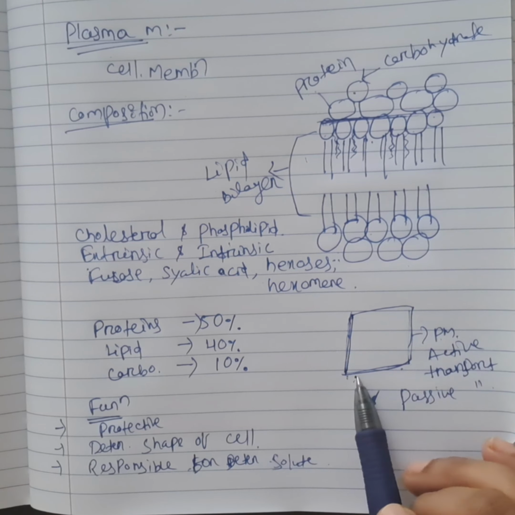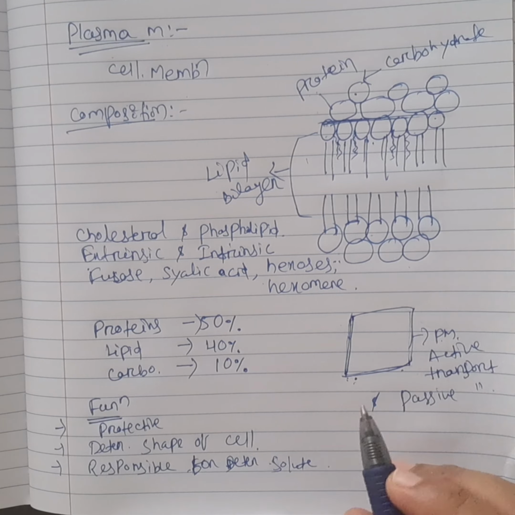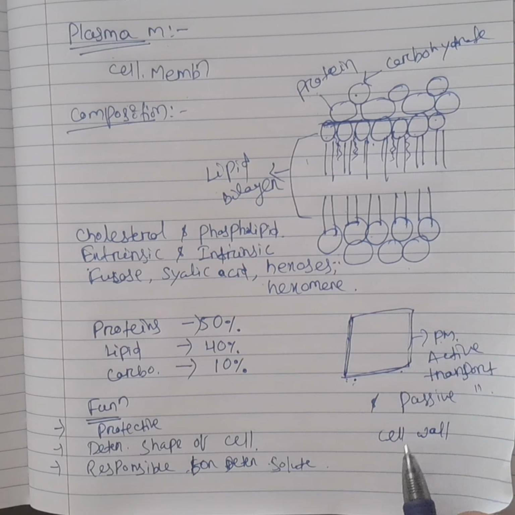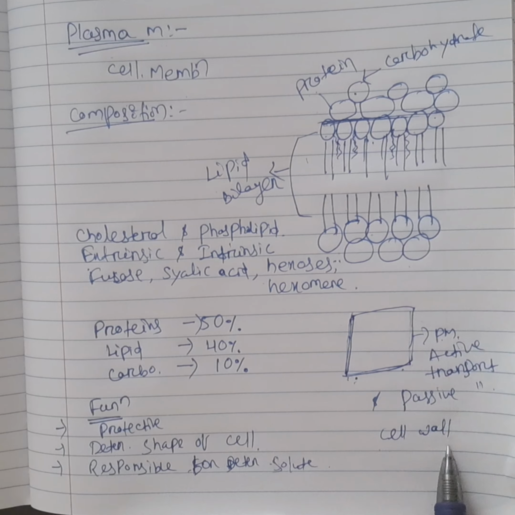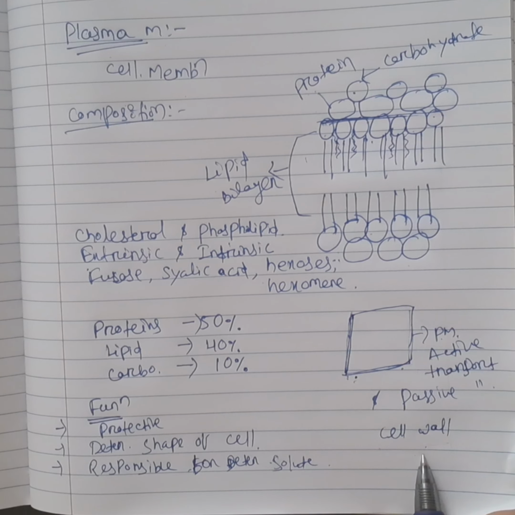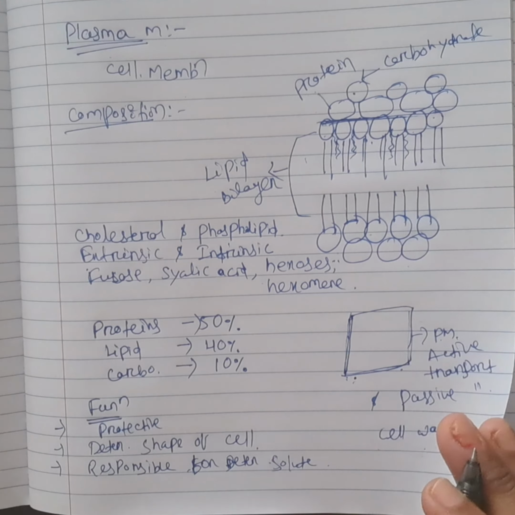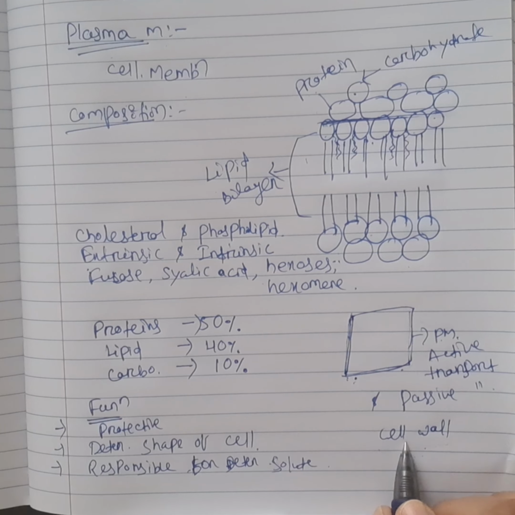In my previous video, I also told that there is another layer called the cell wall, which is present in some organisms. Unlike the plasma membrane, which is living in nature, the cell wall is rigid and dead. That means it lacks the regeneration capacity and it is freely permeable. It means it allows all the substances inside it.